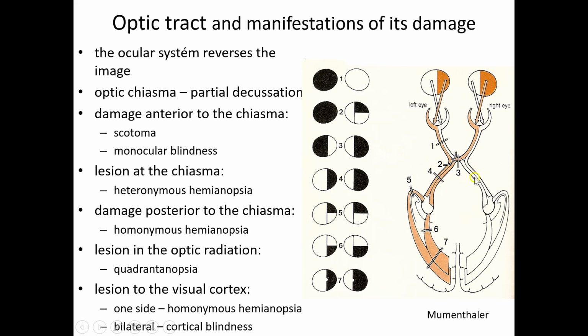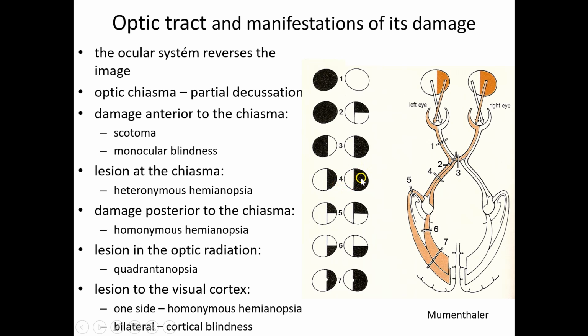And after the optic chiasma, at the optic tract site or optic radiation site, all the hemianopic defects will be homonymous hemianopic defects, meaning the same side of the field is involved. Either right homonymous hemianopia or left homonymous hemianopia.